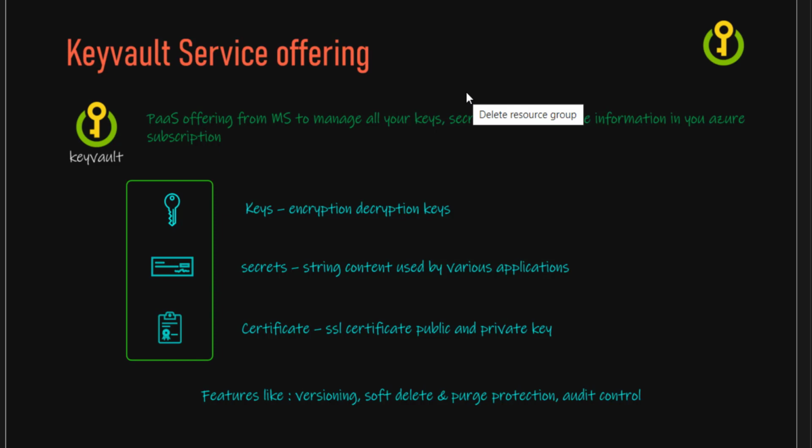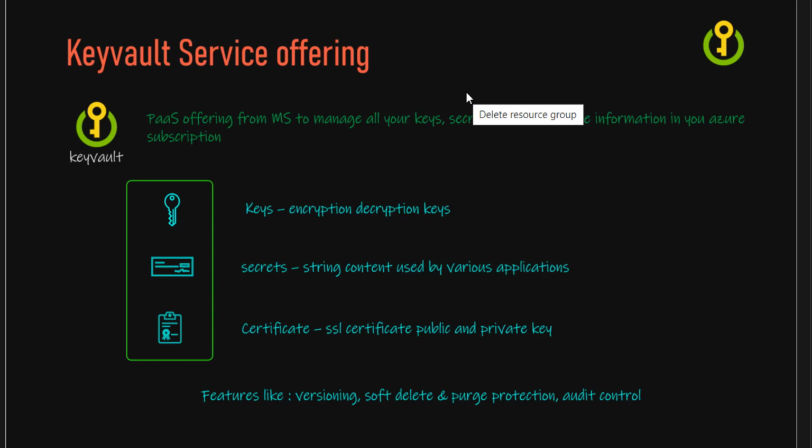And then you also have features like soft delete and purge protection. The meaning of soft delete here is, let's say you somehow delete the key, secret or certificate, and if you have a feature enabled like soft delete, then you have the ability to recover those deleted secrets which you might have deleted by mistake.